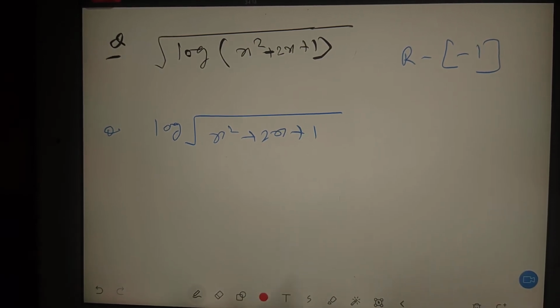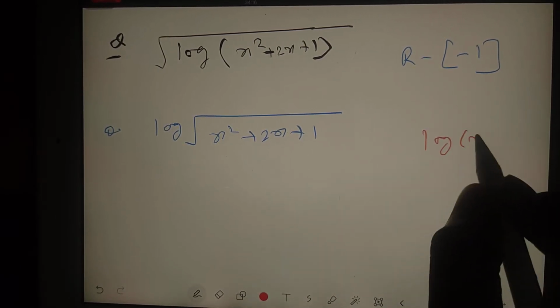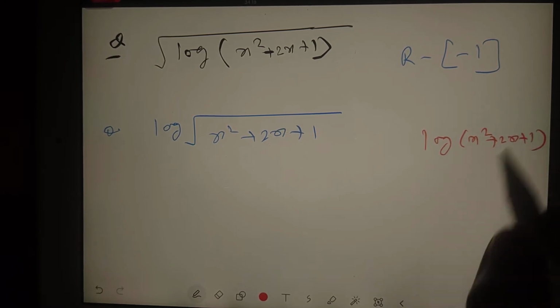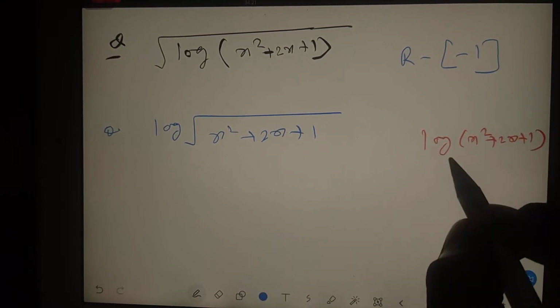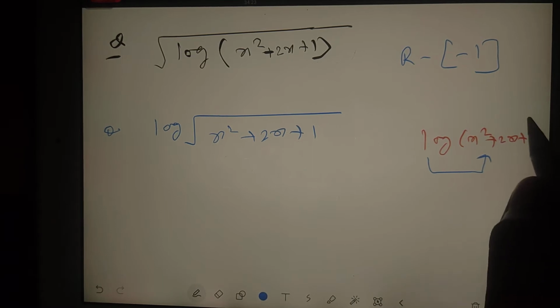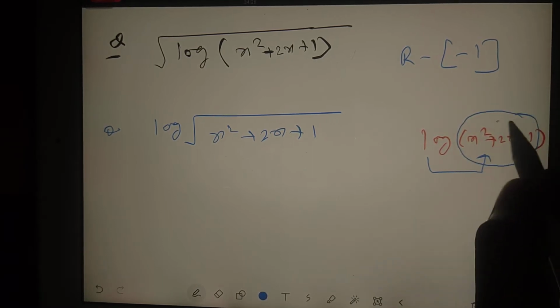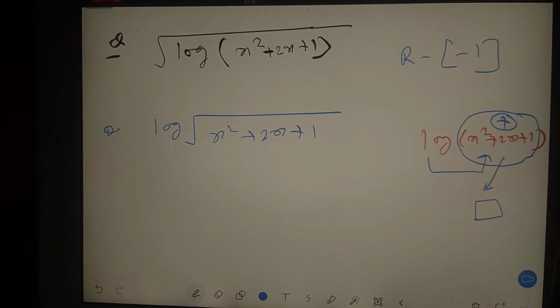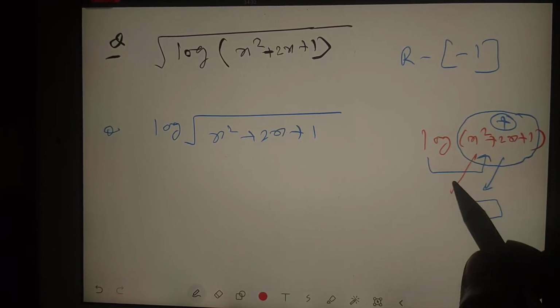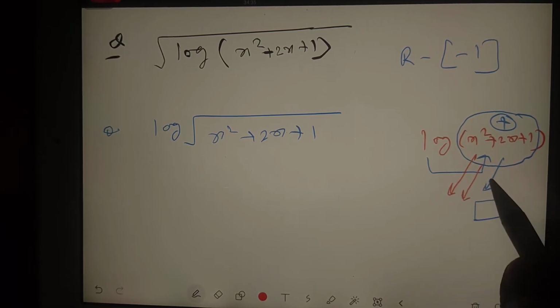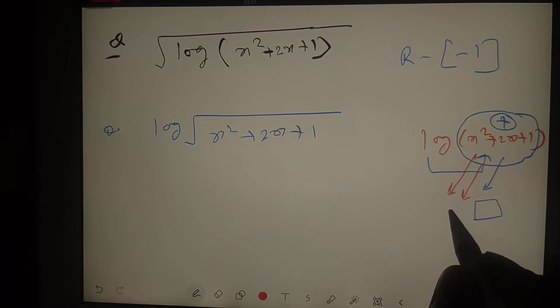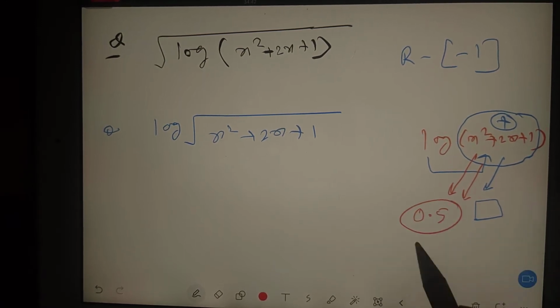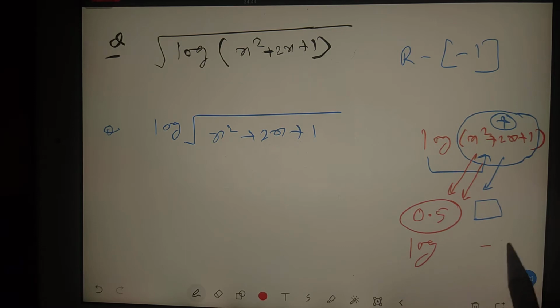See, when I was explaining log x square plus 2x plus 1, here we only considered that in front of log, only a positive number should appear. Because of that we had our condition. But remember, this positive number here can be negative also. Can be in decimal also. For example, decimal 0.5. So log gives negative answers when log is having a decimal here.